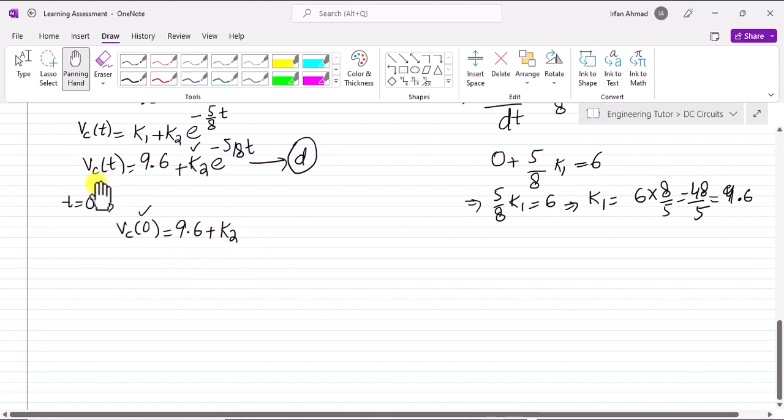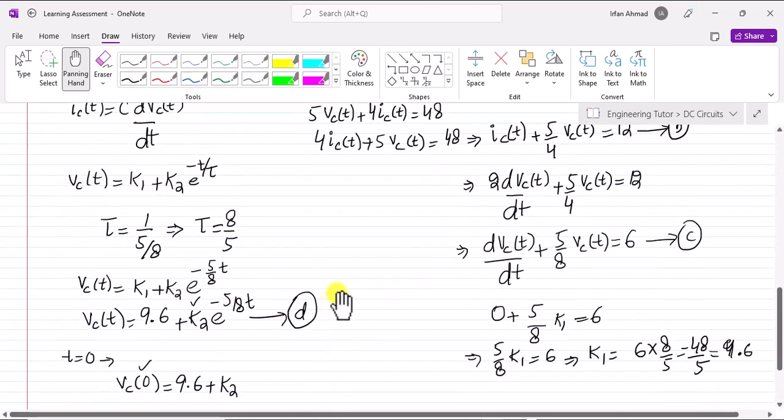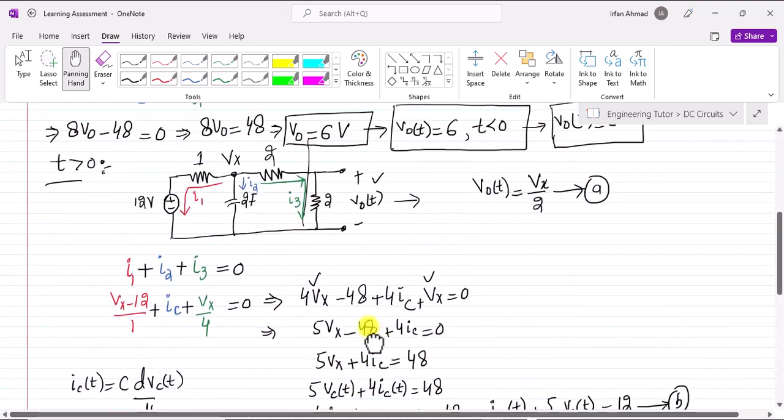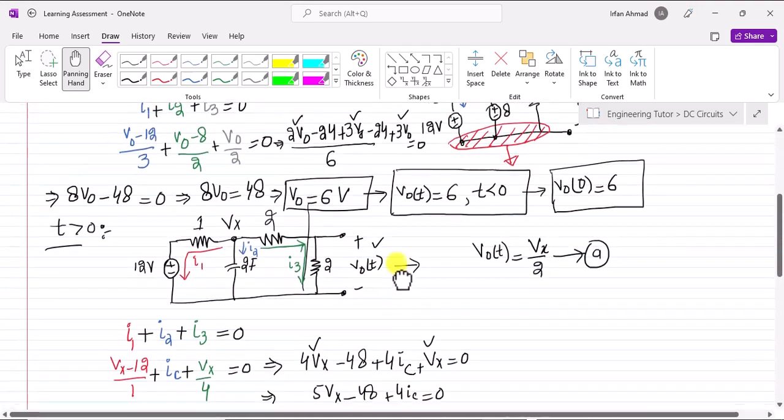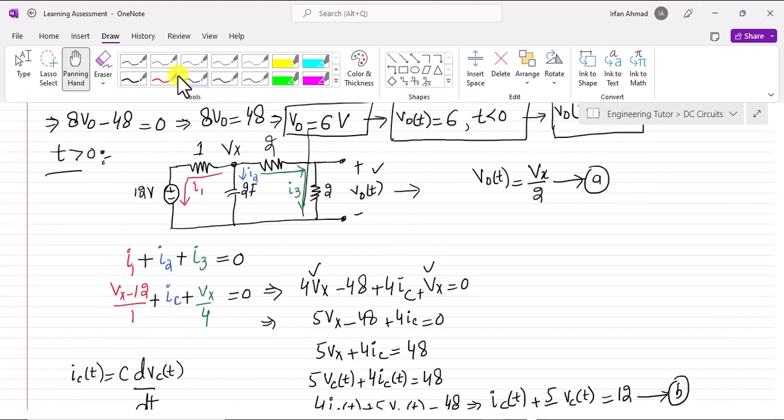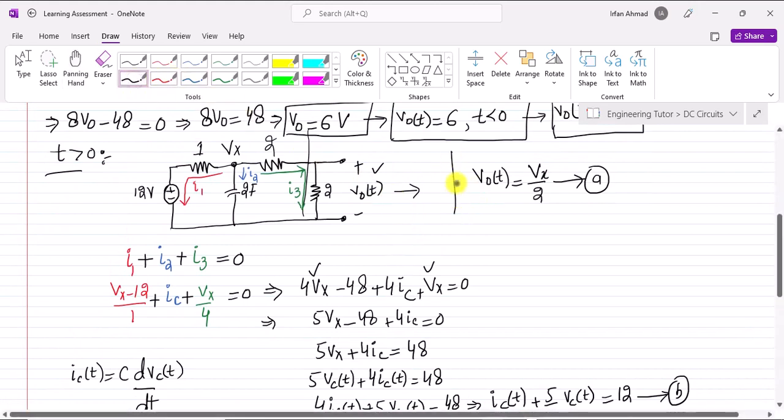So in order to proceed, we have to convert this equation into V naught of t, and that is the same scenario which we have already modeled here.